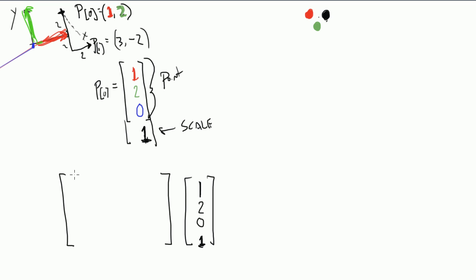I'm going to leave blank spots: 1, 0, 0, 0, 0, 1, 0, 0, 0, 0, 1, 0, and then 0, 0, 0, 1. So having students always start with the identity transformation, and then learn that later, this part is going to be what's scaling and rotating it. And these three values here, x, y, and z, are what does the translation.